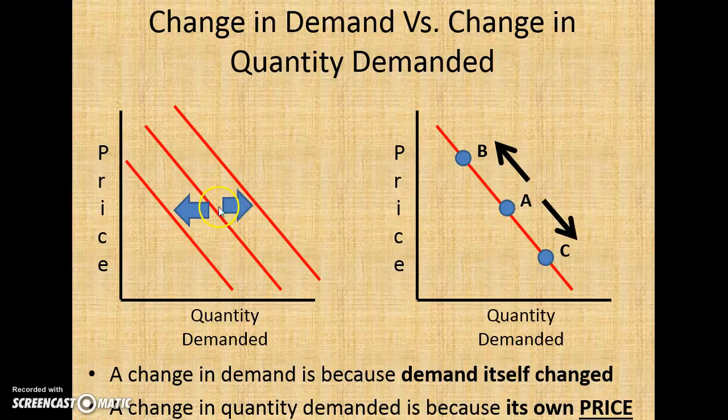Now if I go over to this graph and I say, well, there's a shift over to the right, that's an increase in demand. Moving to the left, that's a decrease in demand. This is an increase and decrease in quantity demanded on this side.